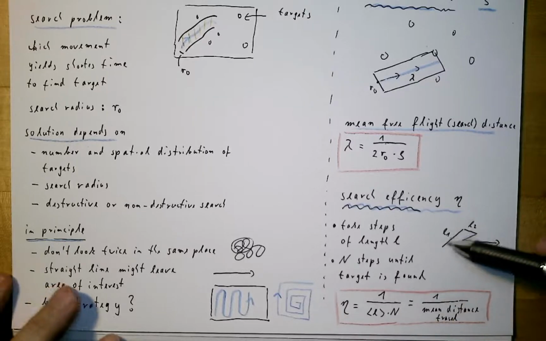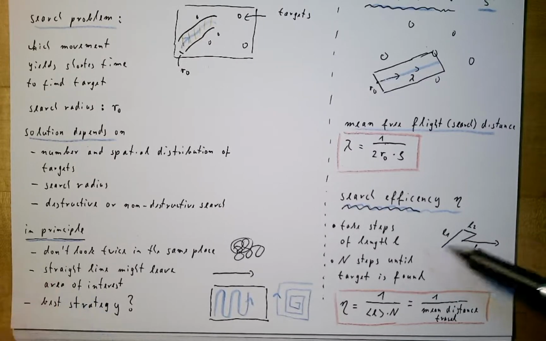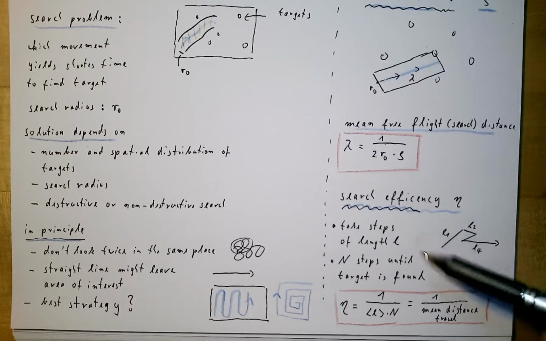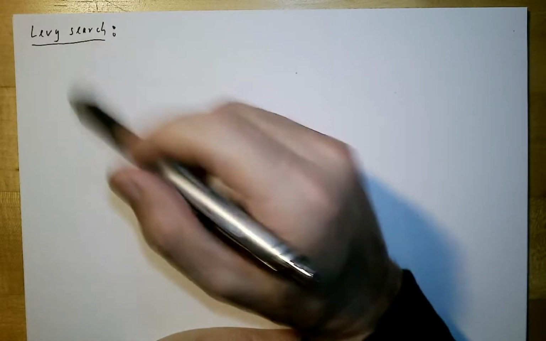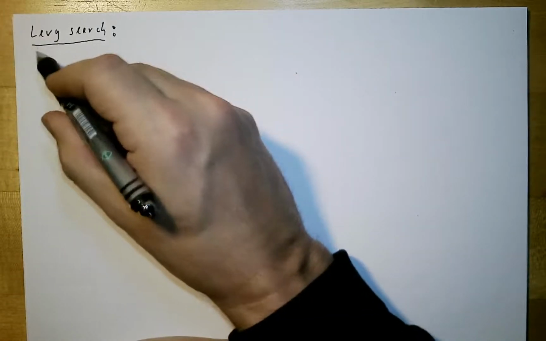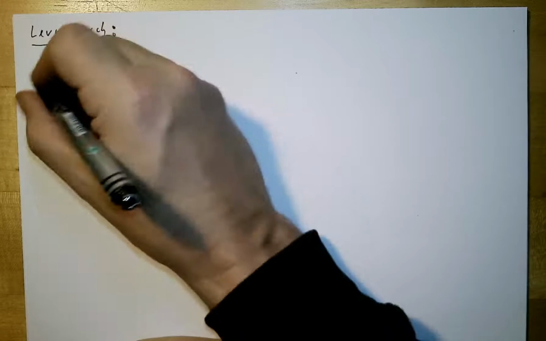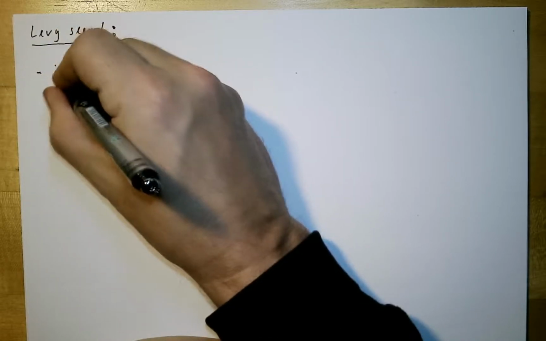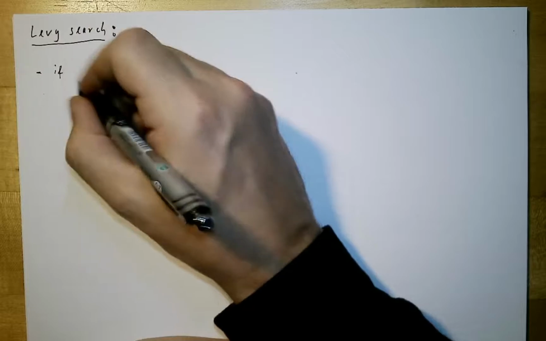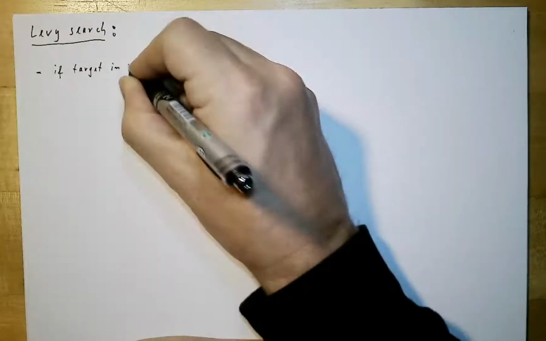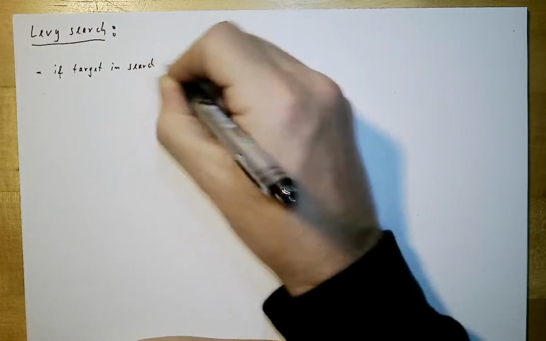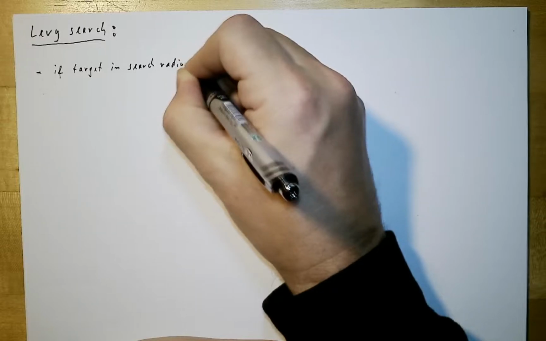But maybe here I was a step too fast. Let's now explore in more detail how we want to construct our search strategy. And we want to apply the ideas of the Levy flight. So we want to explore the Levy search, and so the idea is, if a target is within the search radius, then the target is found here.